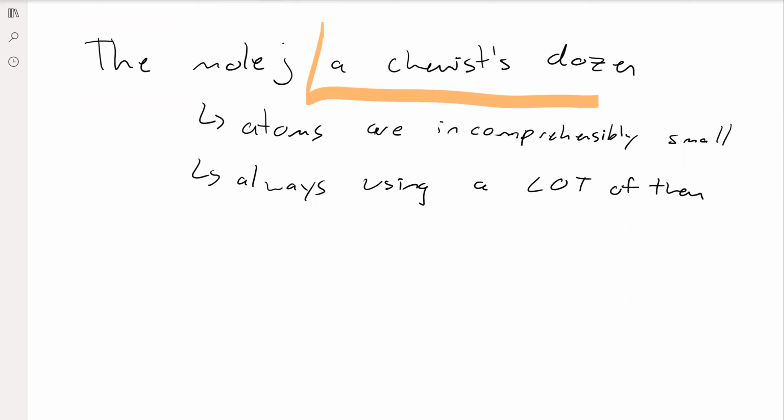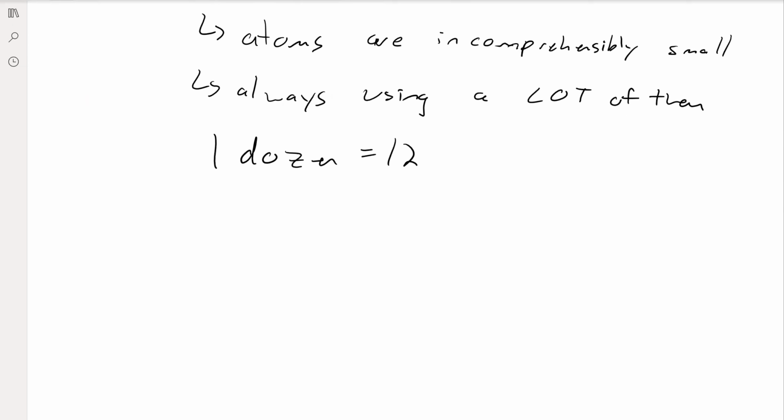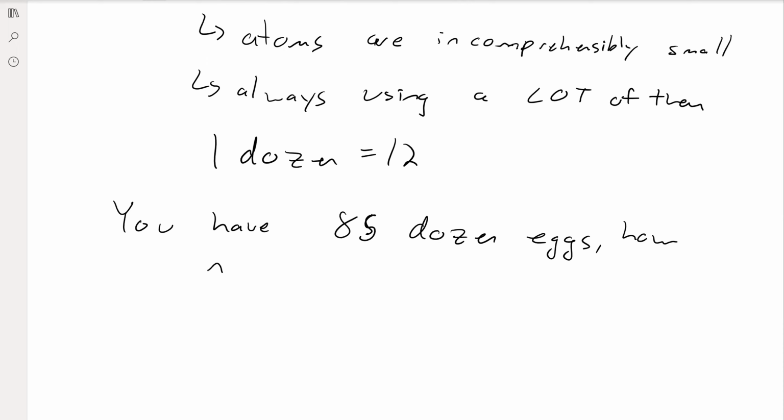And the mole is essentially just a chemist's dozen, right? So we know that 1 dozen is equal to 12, right? So ask yourself, you have 85 dozen eggs. How many individual eggs do you have?